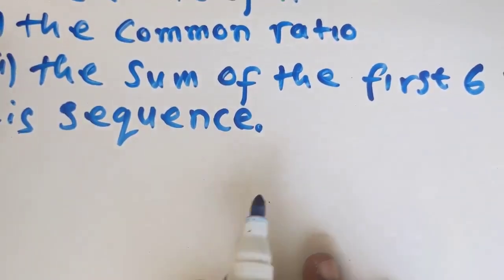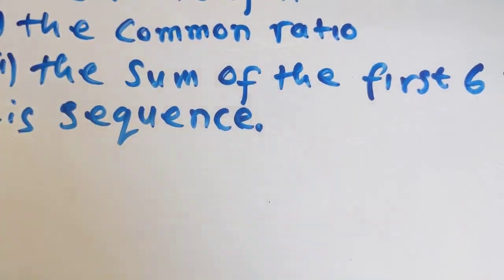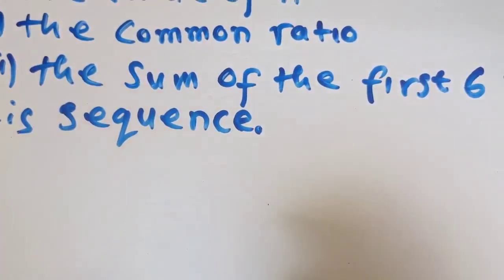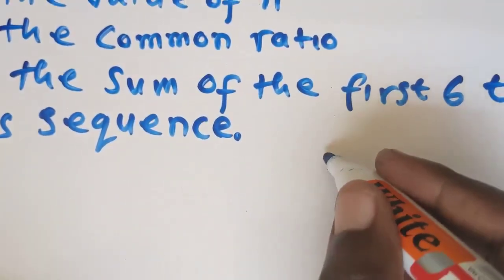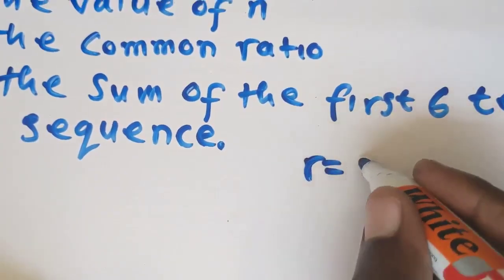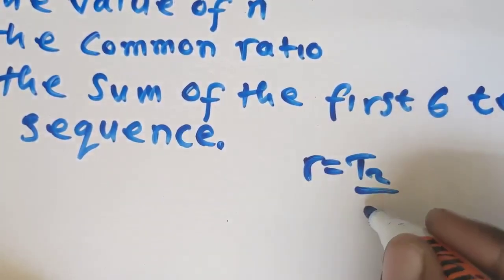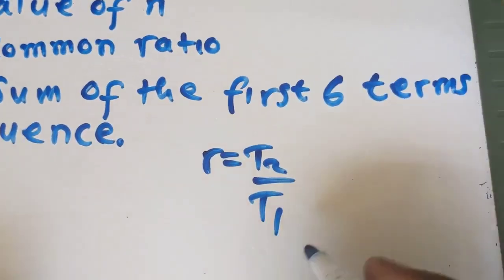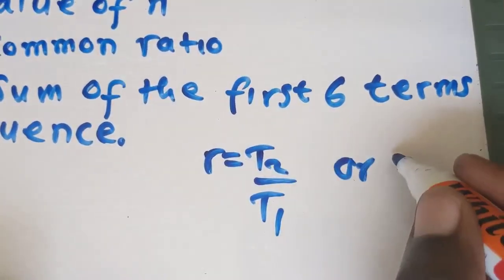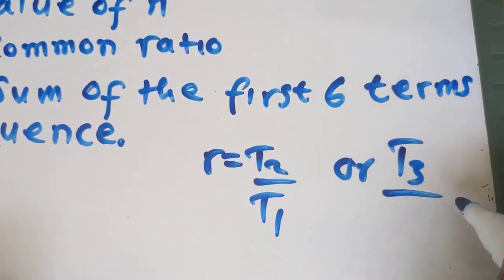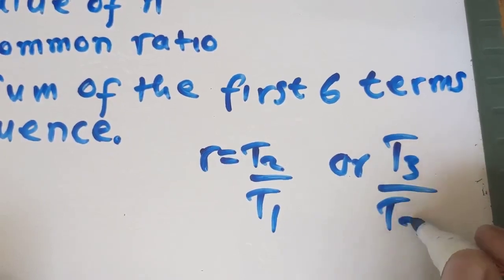We are going to equate the two formulas for the common ratio. We can find the common ratio by saying T2 divided by T1, or by using T3 over T2.